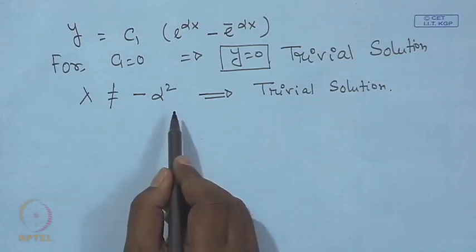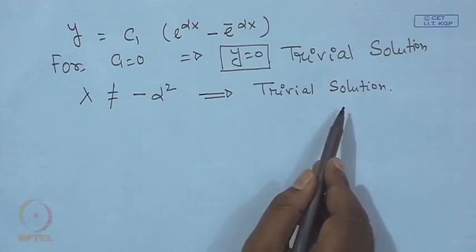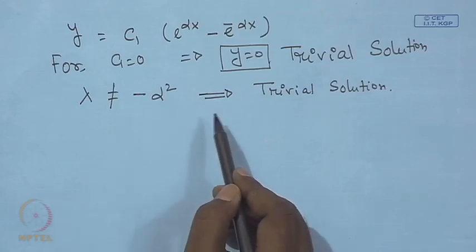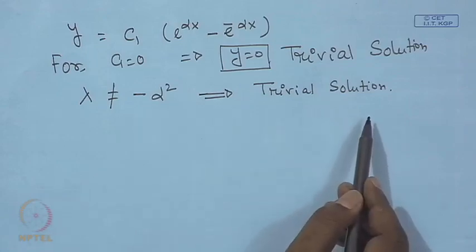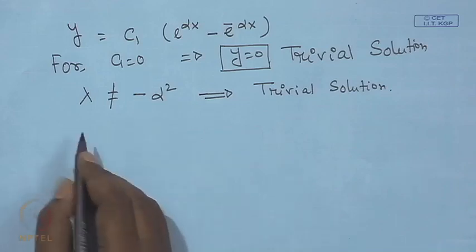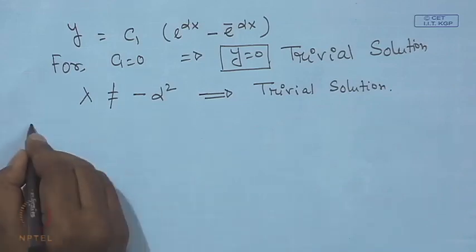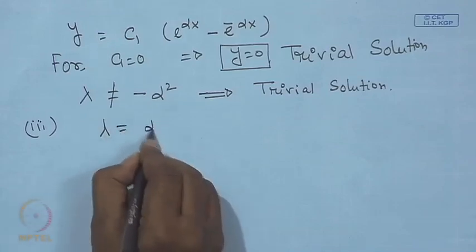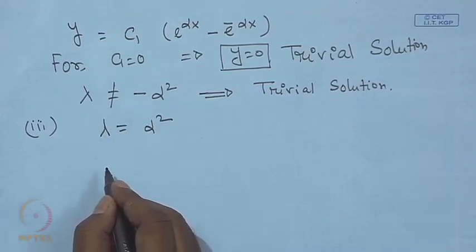If lambda is equal to 0, then we are going to get a trivial solution. Lambda cannot be negative either; if lambda is negative, then again we are going to get a trivial solution. So the only option left is that lambda is positive, and lambda is equal to alpha square.